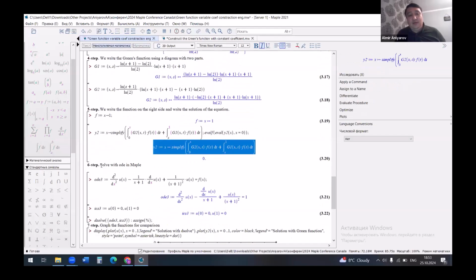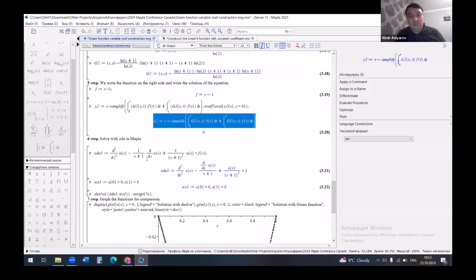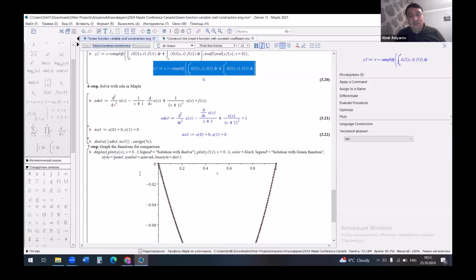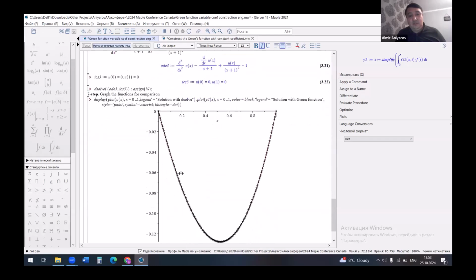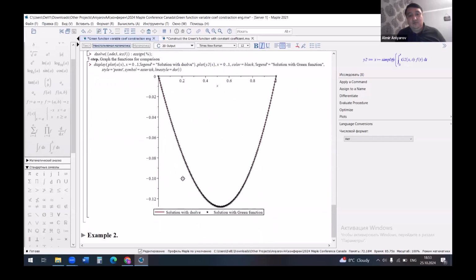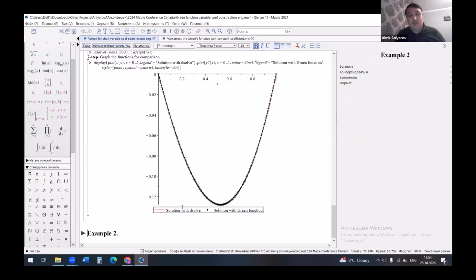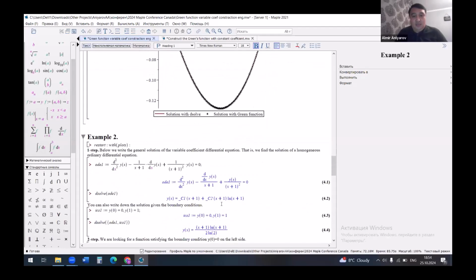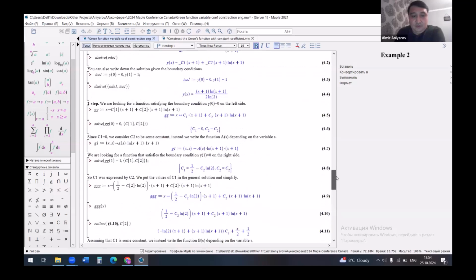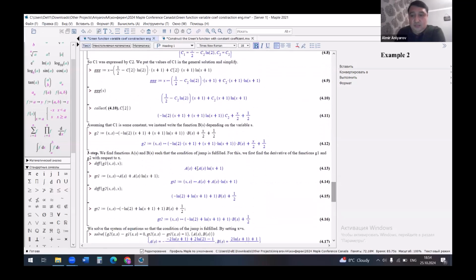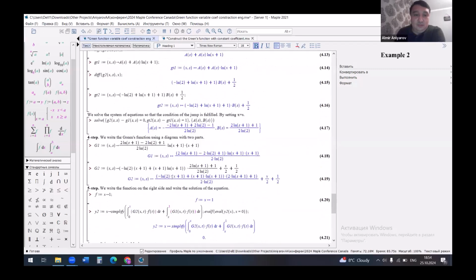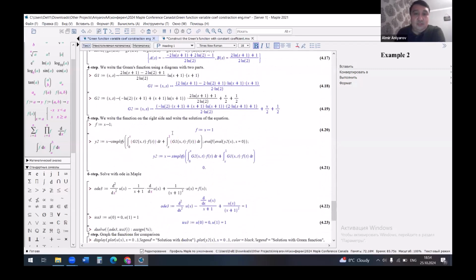To compare, I also solve my differential equation using the Maple ODE function, and I can see in the graph that the solutions are the same. I can construct any differential equation and teach my students on this work in Maple, writing scripts in the Maple sheet.